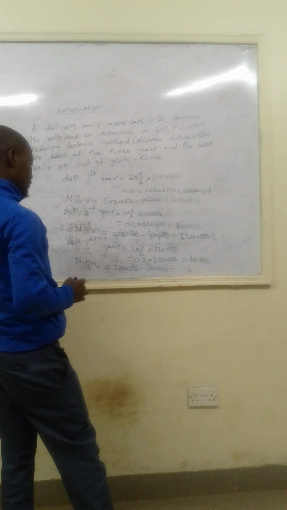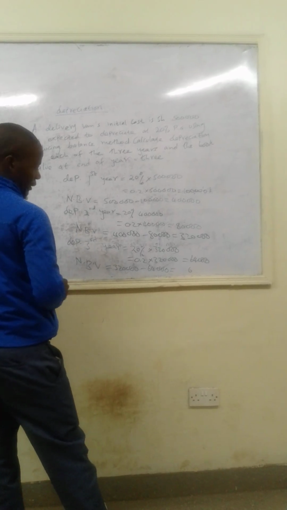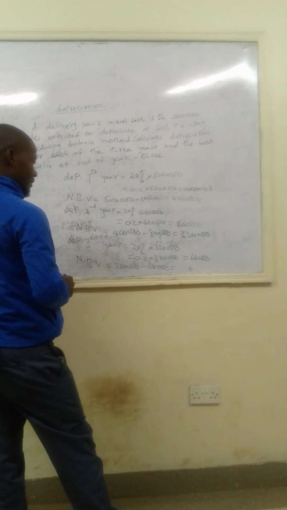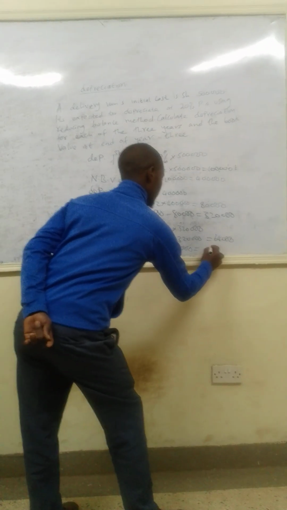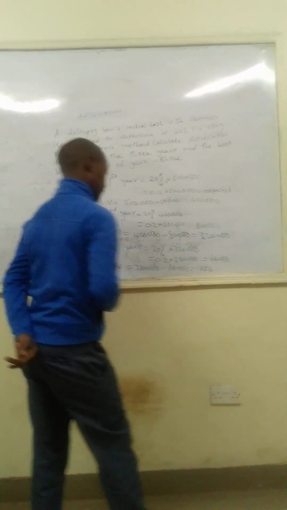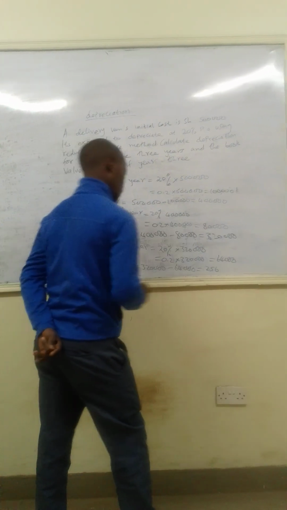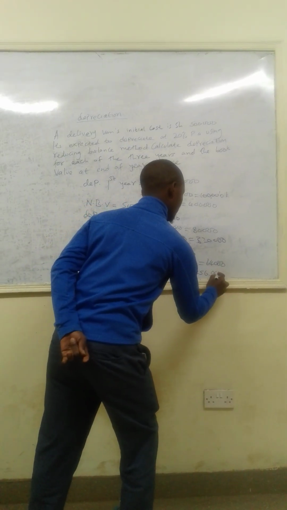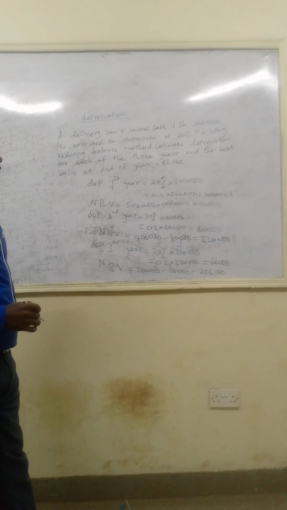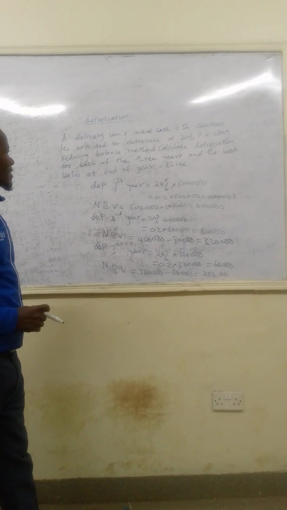Then we have 12, so we have 11 minus 6 is 5. So we have 256,000. So that will be the book value at the end of the third year.